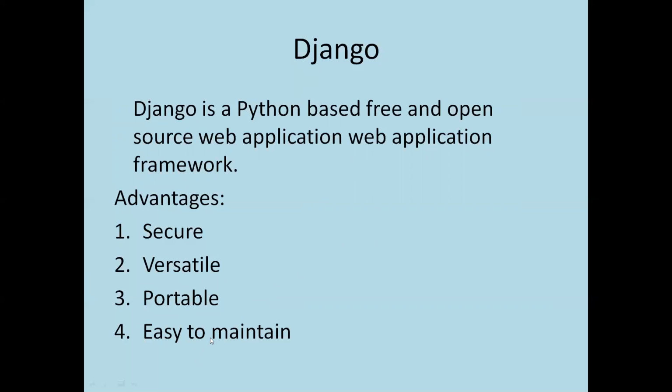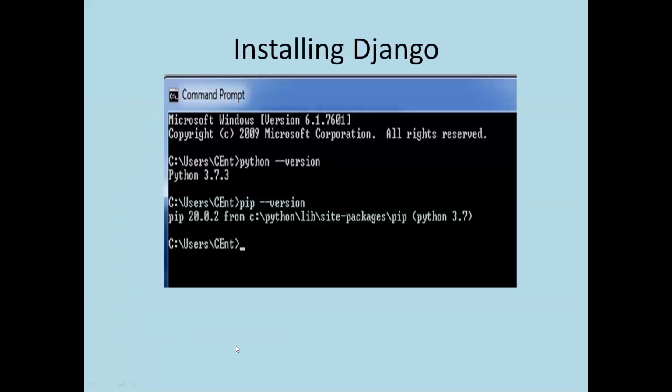Not only that, it's easy to maintain. Easy to maintain means it is possible to reuse, as well as easily maintainable. Whatever program or code you write with Django, it is possible to reuse and it can be easily maintained. So these are the advantages of Django: it is secure, versatile, portable, as well as easy to maintain.